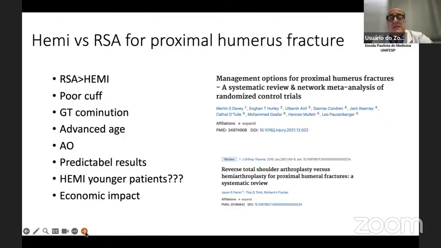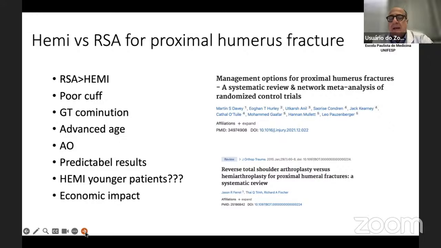The advanced age, the osteoarthritis, we know about the predictable results, but what you have to do in a younger patient. I think this is the challenge, because in a younger patient, if you do a reverse, you are burning the bridge.